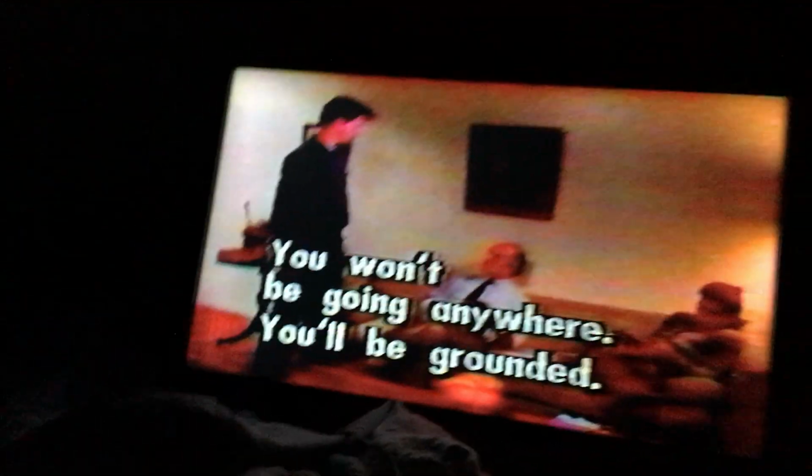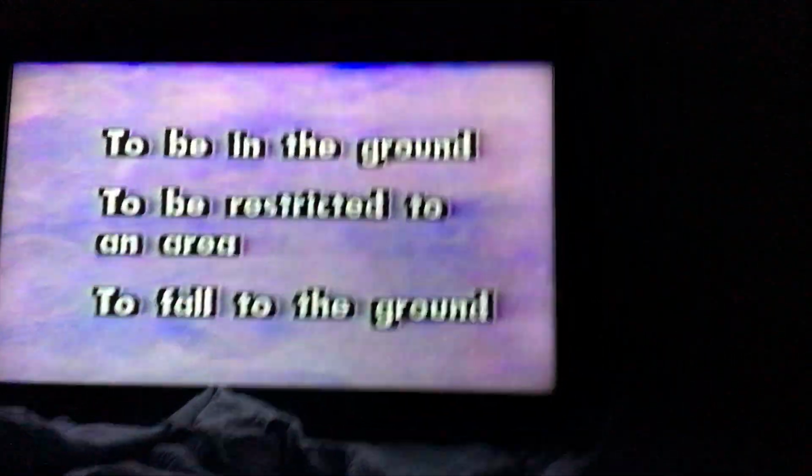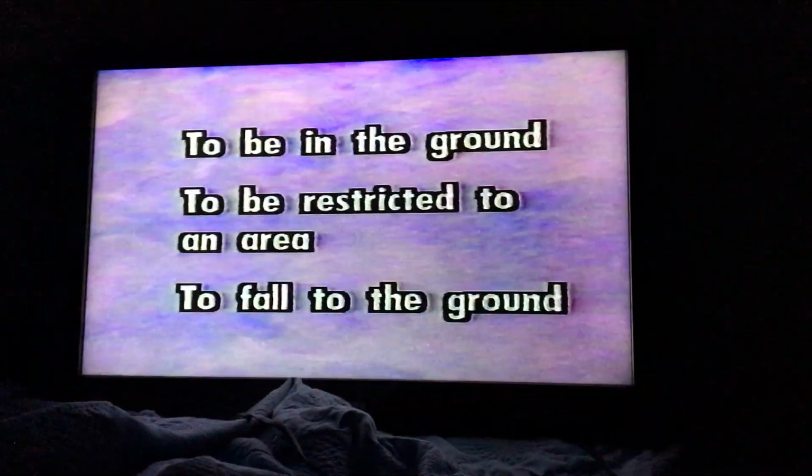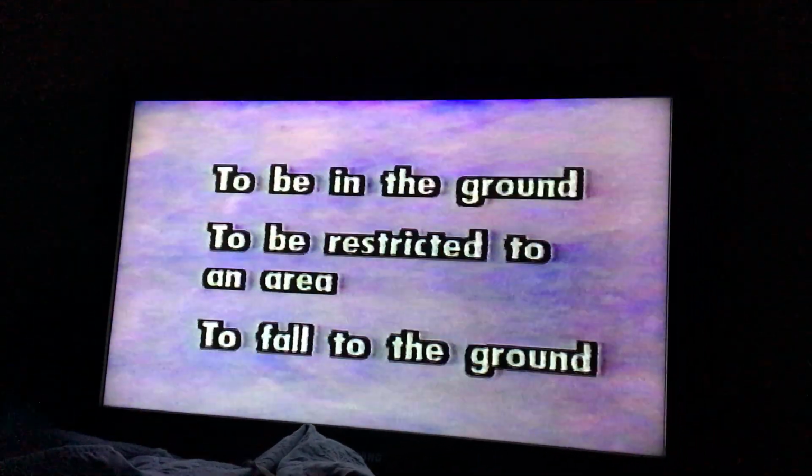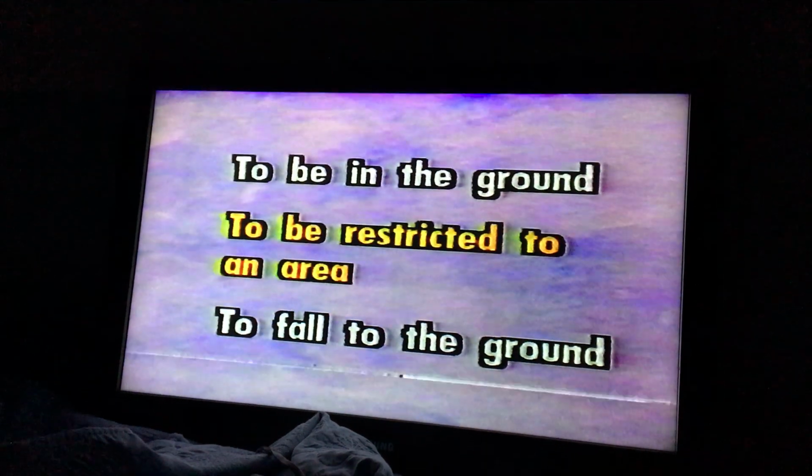Now, what does to be grounded mean? To be in the ground. To be restricted to an area. To fall to the ground. To be restricted to an area. But why? What told you that?